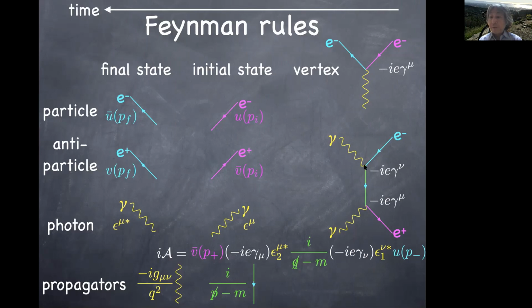But here I also have to associate this photon with the final state polarization vector star. That's the first photon polarization vector star, whose Lorentz index nu is contracted with this Lorentz index nu of this Feynman vertex gamma nu. So that's this vertex over here.